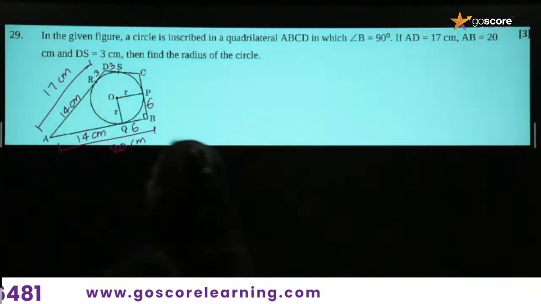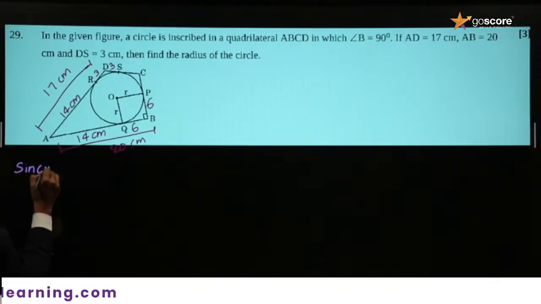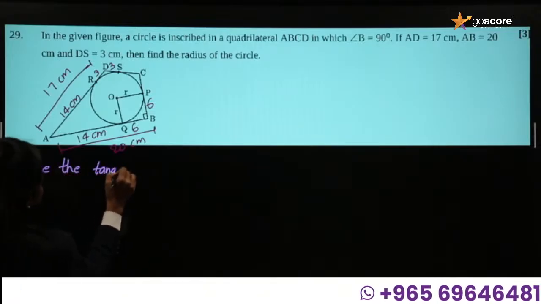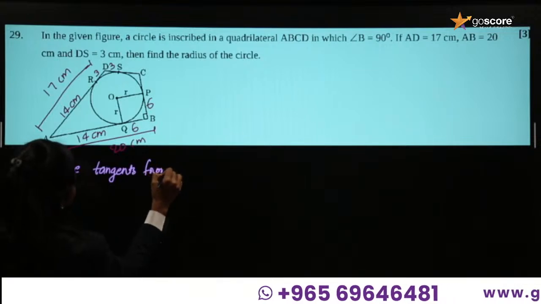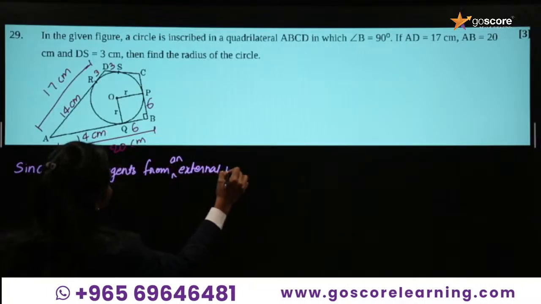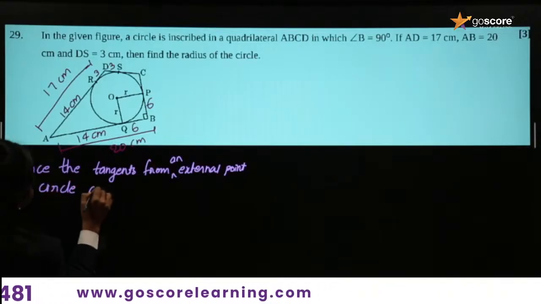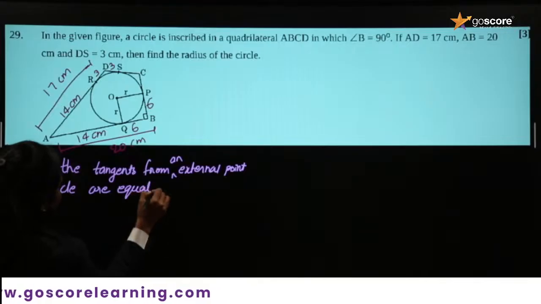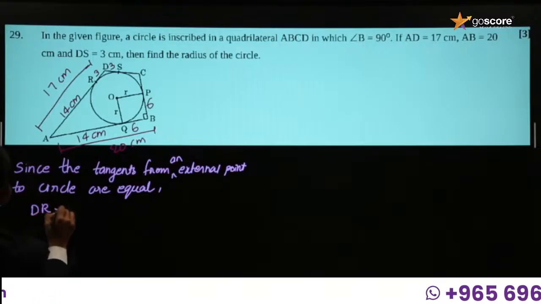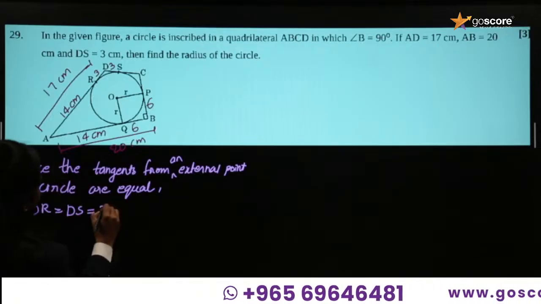Okay, so we'll start writing. First thing, we'll write one sentence: since the tangents from an external point to a circle are equal, we can write DR equal to DS equal to 3 centimeters.